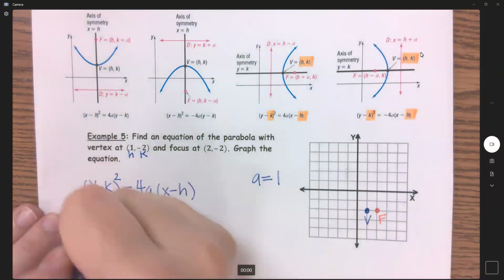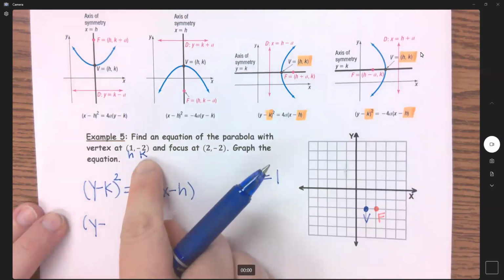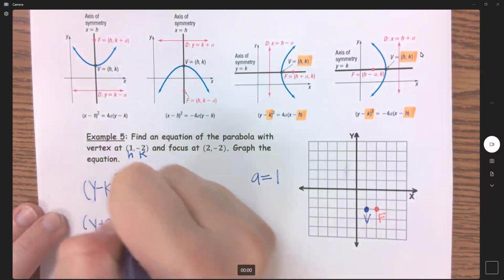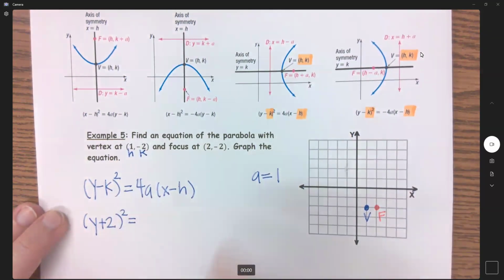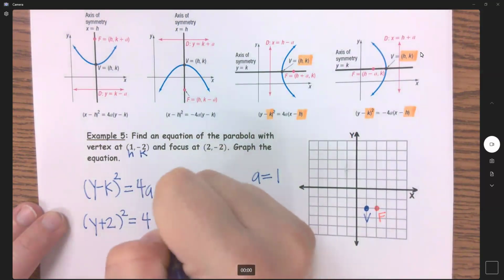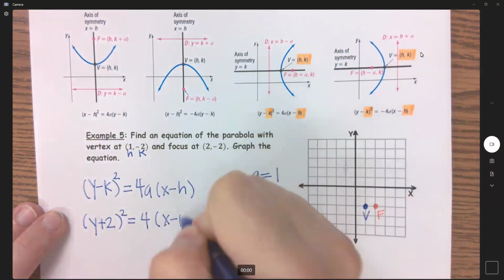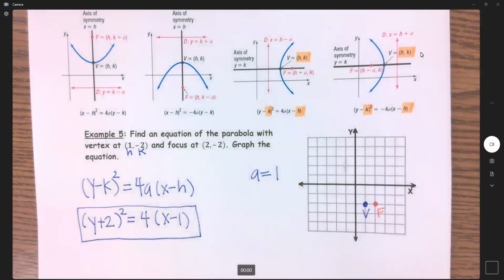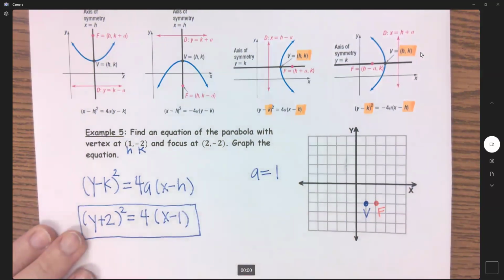So when I substitute in, we get y minus k. k is -2, so minus the negative becomes y plus 2 squared equals 4 times a. If my a is 1, this is just 4, and then x minus h, which is 1. Super, super simple. Here is my equation.